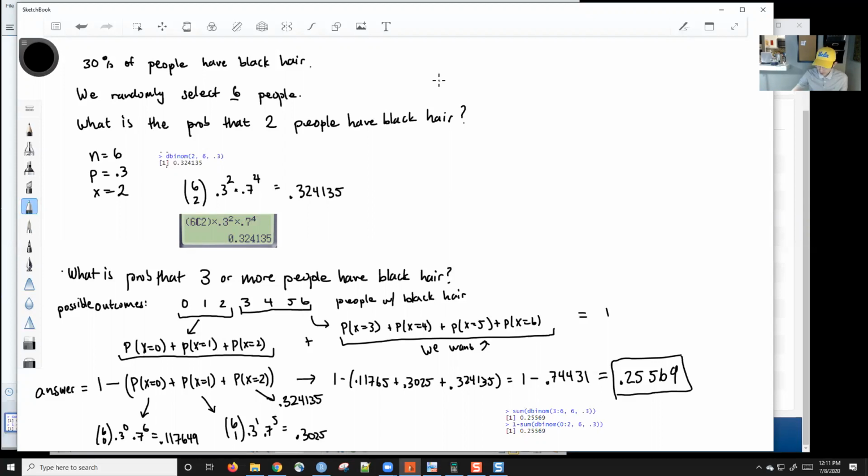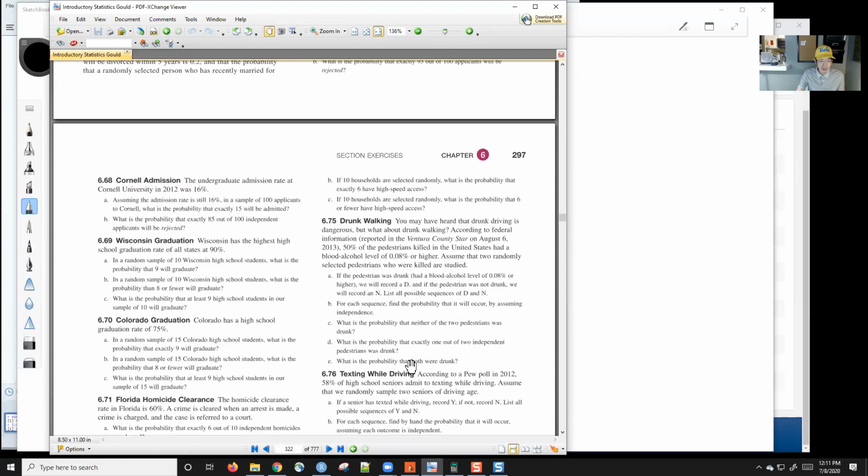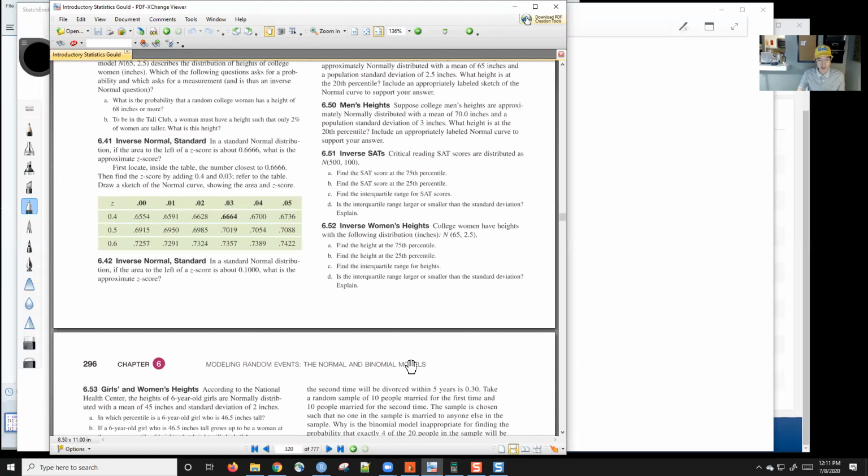So you'll want to become comfortable with being able to identify what kind of problems are what. I won't be explicitly saying this is a normal model problem, but there will be keys. It'll say something like such and such follows a normal distribution, and that should be a strong clue there.